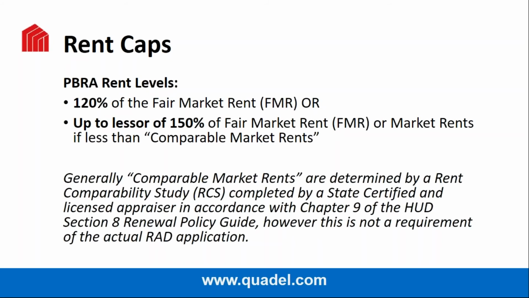So benchmarks here are 120% of FMR up to 150% of FMR, or what's determined to be comparable market rent. For PBV, the rents cannot exceed the lower of reasonable rent determination, or 110% of FMR. So under PBV, the rents could be considerably less than they are under PBRA.